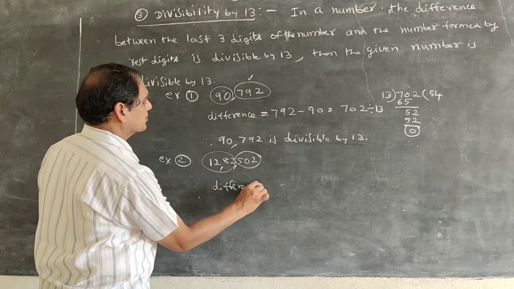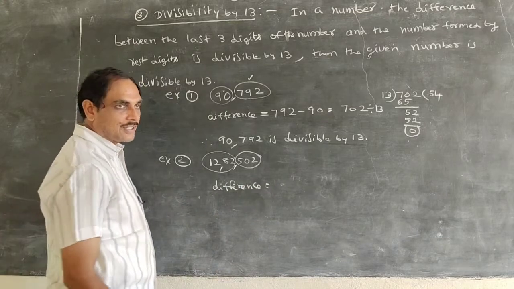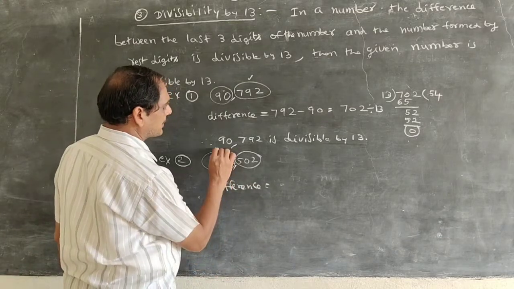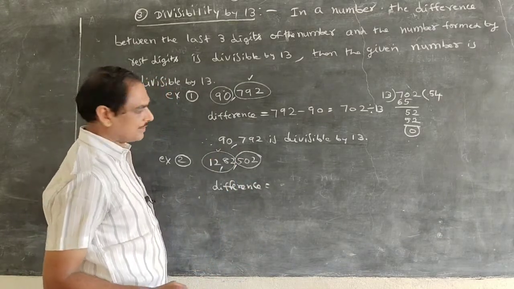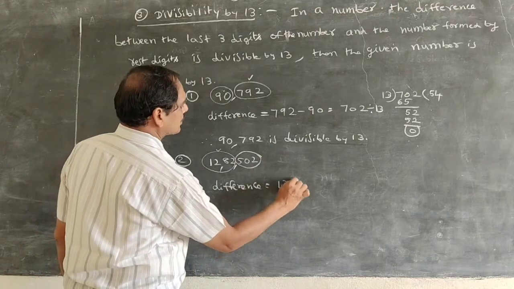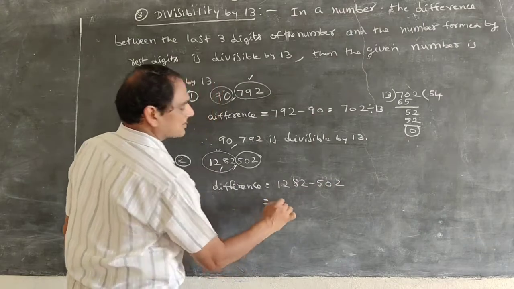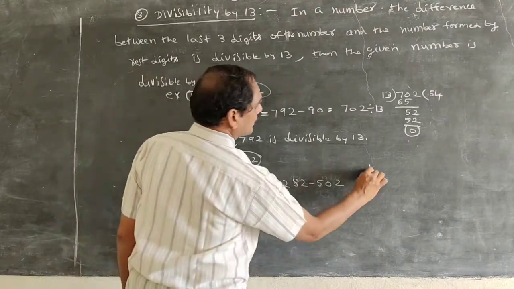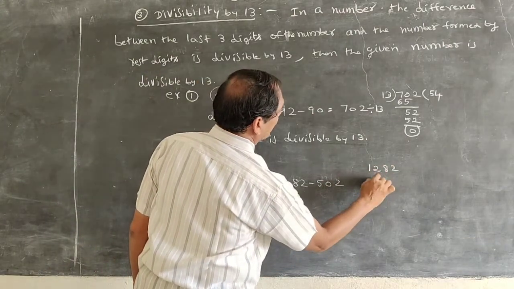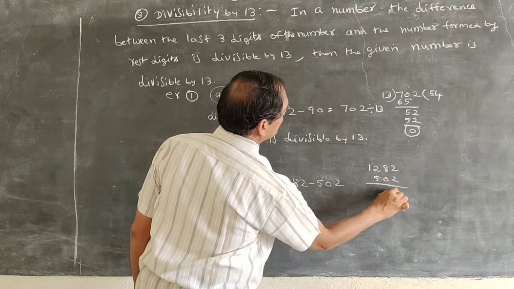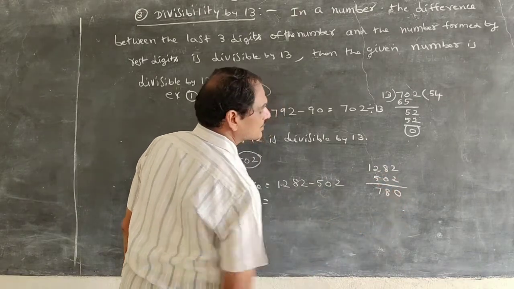We subtract the smaller from the bigger. So here the biggest is 1282. So 1282 minus 502.